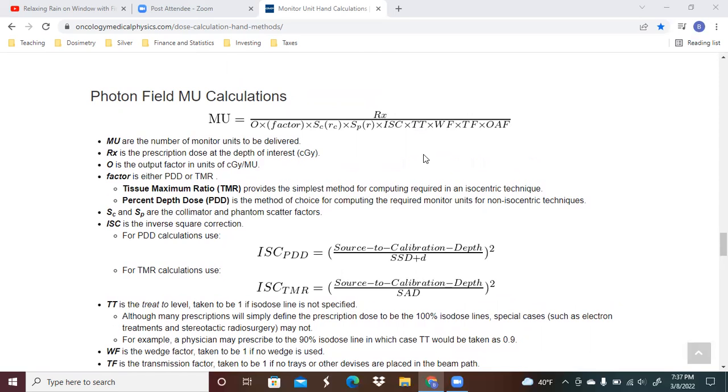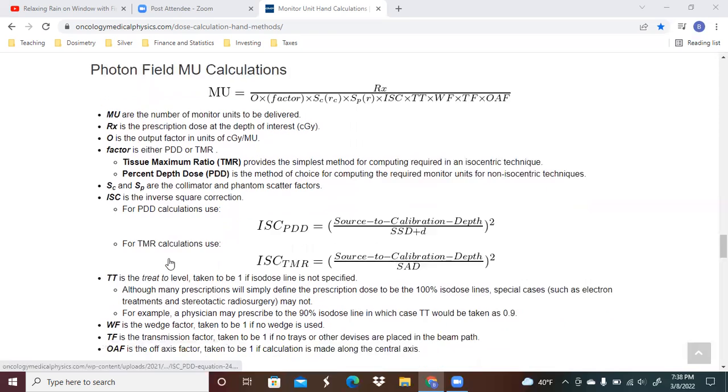In many cases, if a physician is going to prescribe to the 100% isodose line, which generally is going to happen with isocentric techniques, then that treat-to factor, the TT factor there, is going to be just 1. If for whatever reason you need to treat to another isodose line, then maybe you want to go to the 95% line, maybe you want to go to the 105% line. Kind of depends on different cases. Most of what you will end up dealing with is just going to be treating to the 100% isodose line, which means that TT factor is just going to be 1.